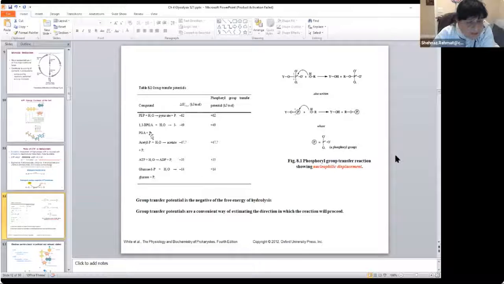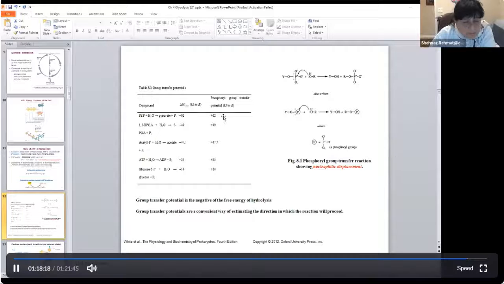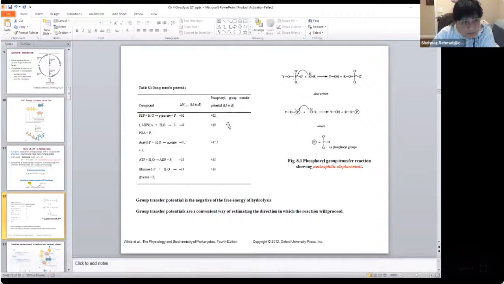But there are other compounds in the cell that we will look at now, which will be used in this. For example, the PEP compound that you will come across during glycolysis has a phosphoryl transfer potential of plus 62. That means it is a better phosphate donor than your ATP. So sometimes PEP will be used to drive reactions.